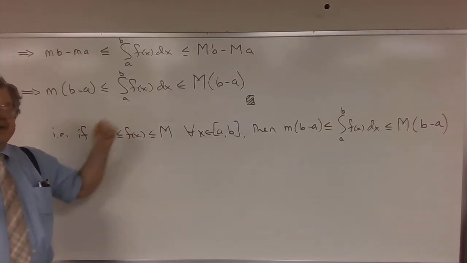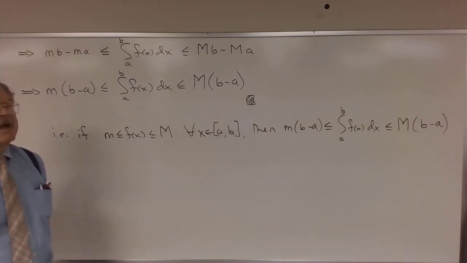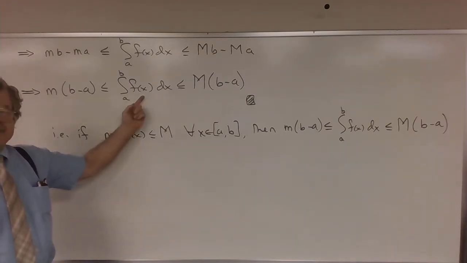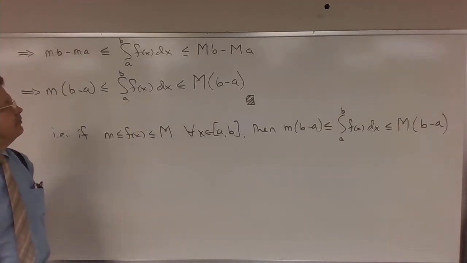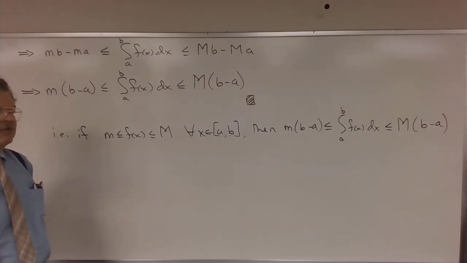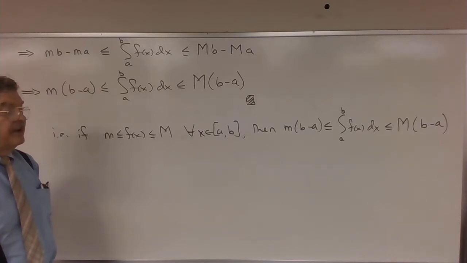Now, why do we care about this thing? I guess the answer would be that in analysis, we may be working with a function that we don't really know how to integrate. And what we'd like to do is maybe approximate it as closely as possible for theoretical purposes.